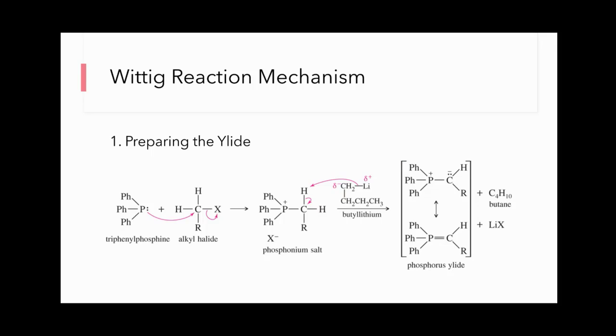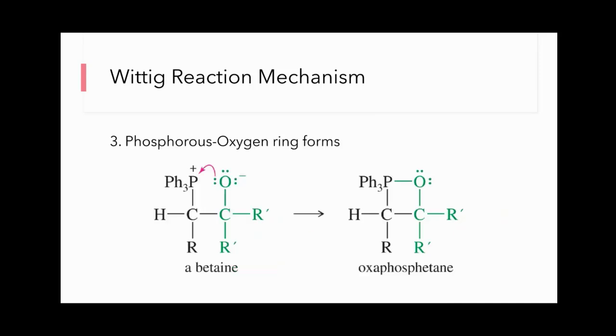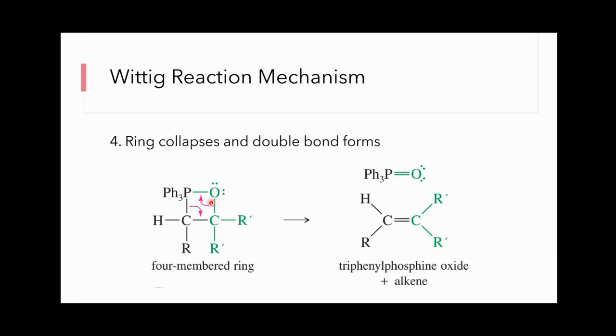So when we finally make that ylide, we can do an attack on the ketone or aldehyde, and there's an intermediate step where they form a ring, which makes these two a good leaving group, when we do an elimination reaction, where we make that double bond over here.